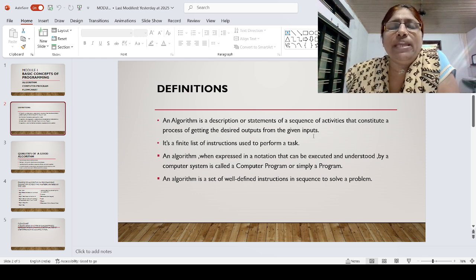It can also be given another definition. It's a finite list of instructions used to perform a task.